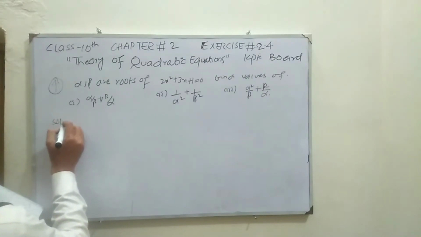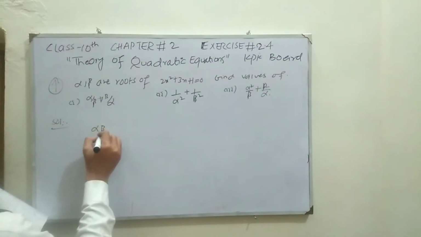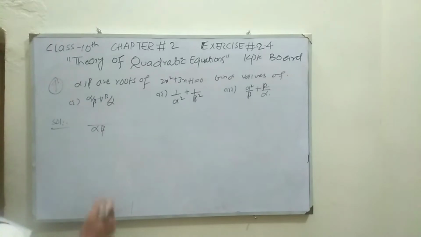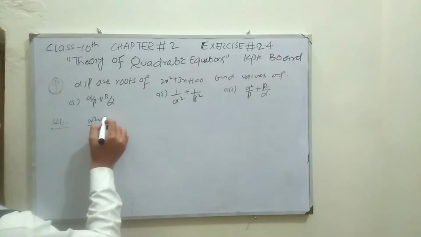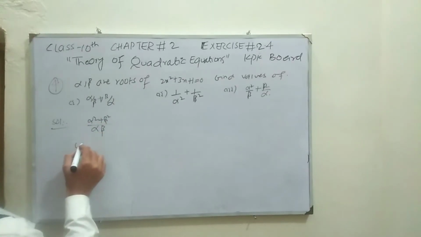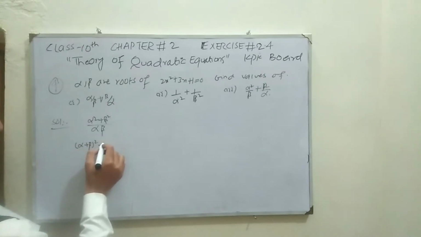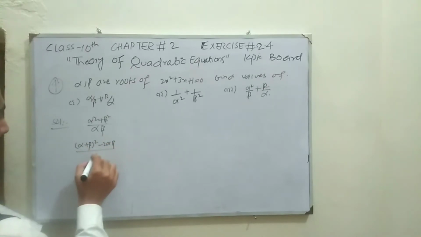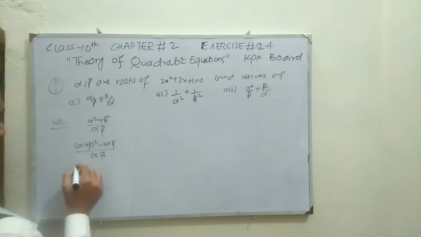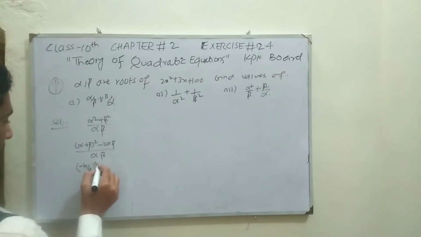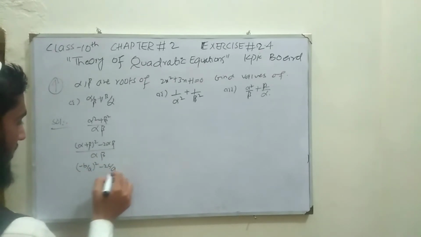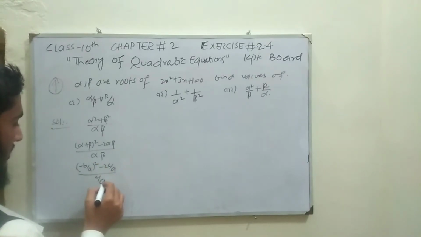Here we take LCM alpha beta, so above we are left with alpha square plus beta square. We can write alpha square plus beta square as alpha plus beta whole square minus 2 alpha beta, divided by alpha beta. Alpha plus beta is minus b over a whole square, minus 2 times alpha beta, which is c over a, divided by alpha beta, which is c over a.